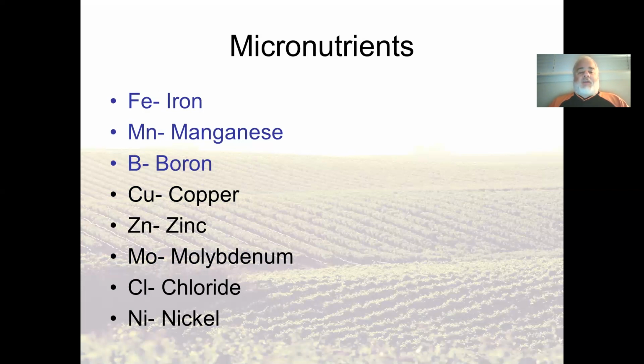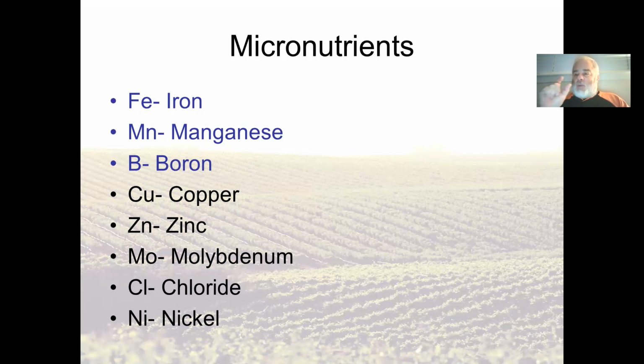There are 8 micronutrients, and based on experience in the Central Coast area for some of the vineyards in our local appellations, the 3 that are most closely monitored are iron, manganese, and boron.